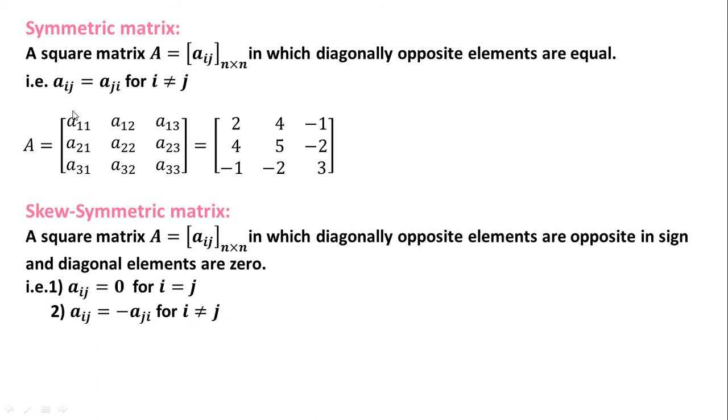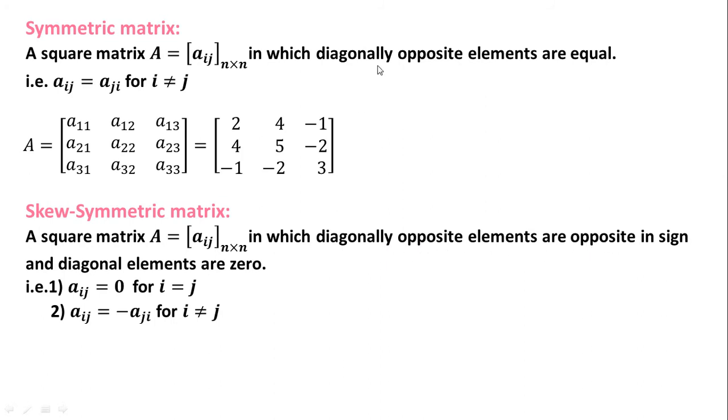Now another type, that is the skew symmetric matrix. See the word skew, skew symmetric matrix. A square matrix A equal to Aij, n by n, in which diagonally opposite elements are opposite in sign.